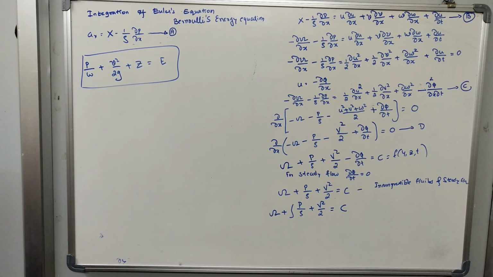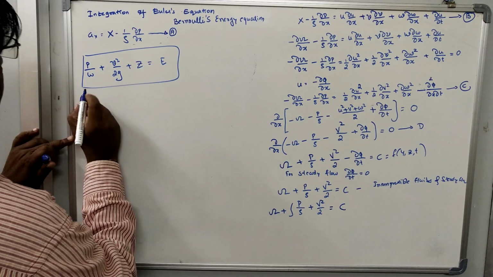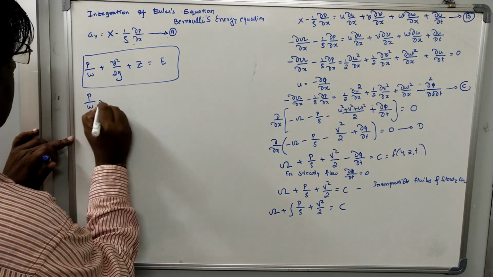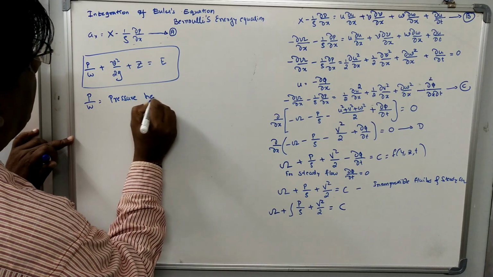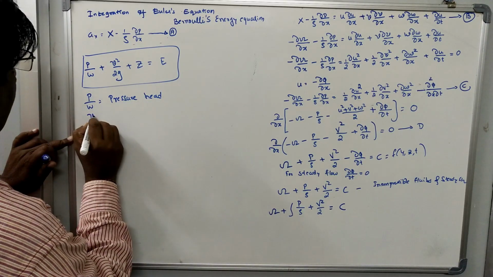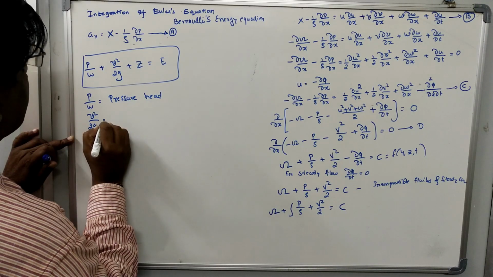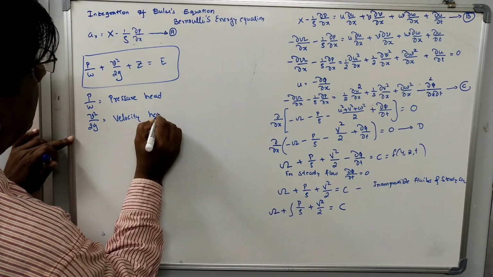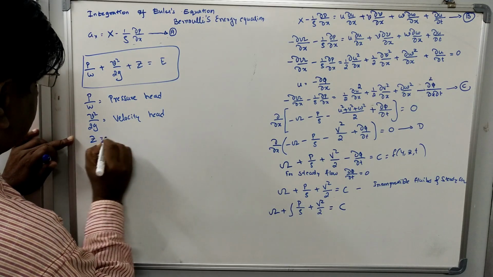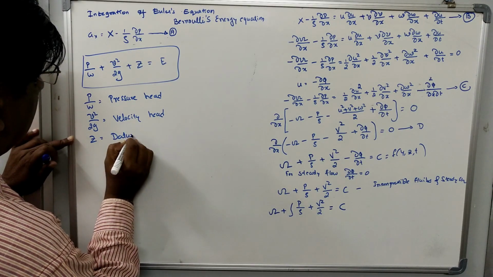There p by w is the pressure head, v square by 2g is the velocity head, and z is the datum head.